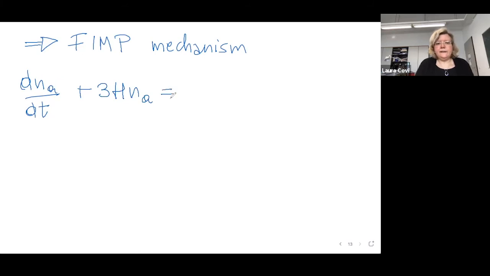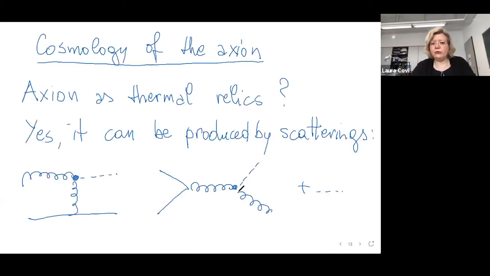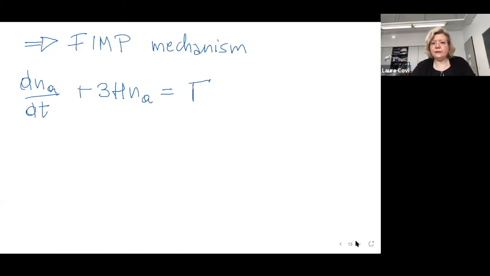And in this case, though, we have these processes with one single axion. So here you have actually gamma. This gamma is nothing else than the rate of these processes which produce an axion. And this is then proportional to the number in equilibrium of the axion minus the number of the axion.